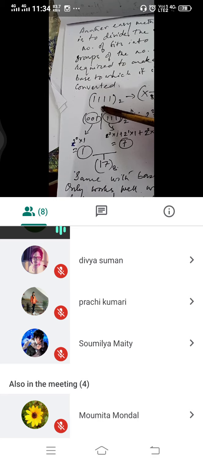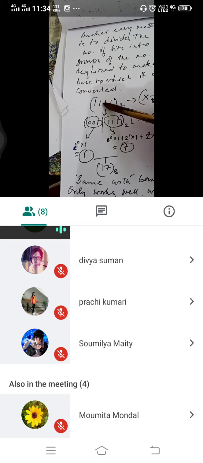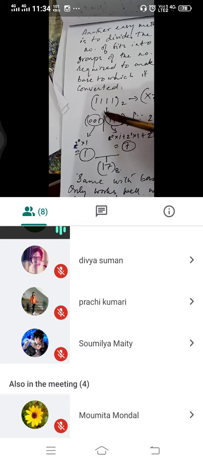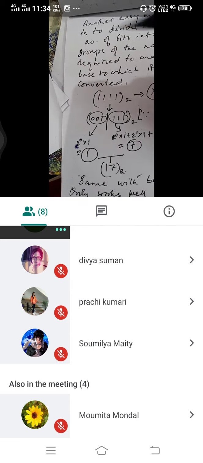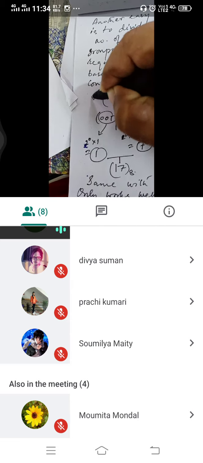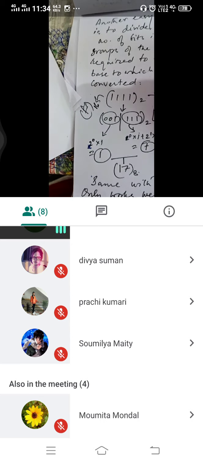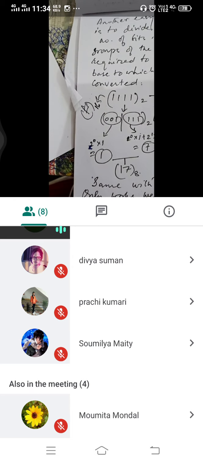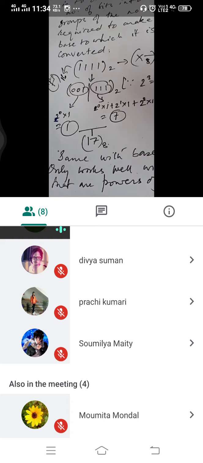And this would have come out to be 15, that means F. So 4 ones in binary make an F in hexadecimal. I'm sure you've converted before, and so you can verify this. The same thing you can do with hexadecimal as well.